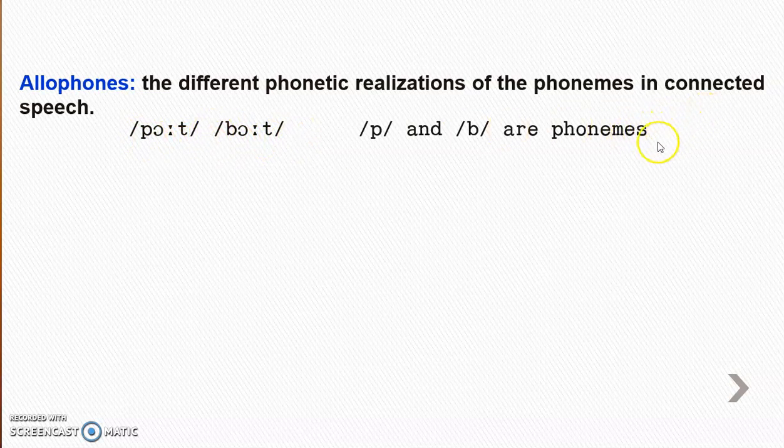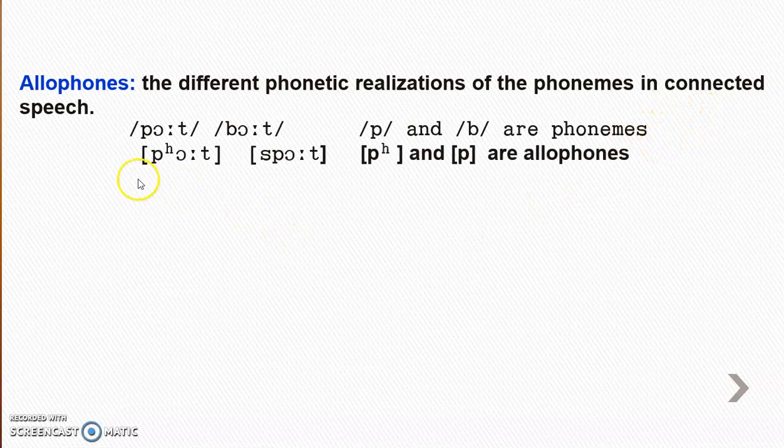Do you follow me? Right, but when I pronounce port, I'm supposed to aspirate the p. You've got this diacritic, this little h raised next to p to show aspiration. It's a puff of air that comes out. Port. So I'm supposed to say port.